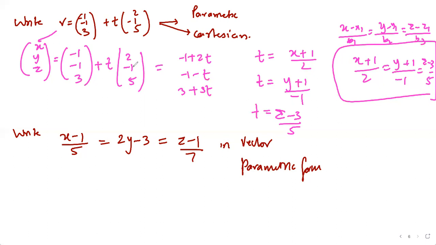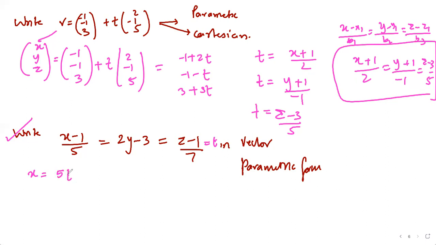Now, the next question is, you have been given an equation in Cartesian form. You have to write it in vector and parametric form. What I advise here is that instead of reading this equation directly, because you see that the coefficient of y is not 1, so you'll need some adjustment to make the coefficient of y 1 and throw it to the denominator, it is always recommended that you take this as parameter t, equate them as parameter t, and now make x the subject, y the subject, to get the equations in parametric form.